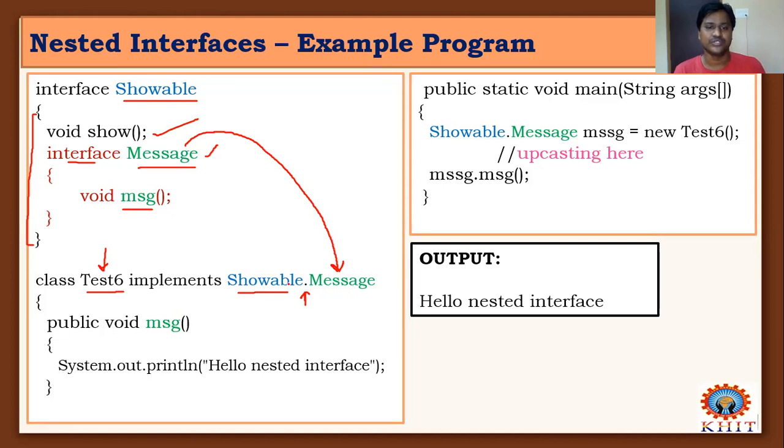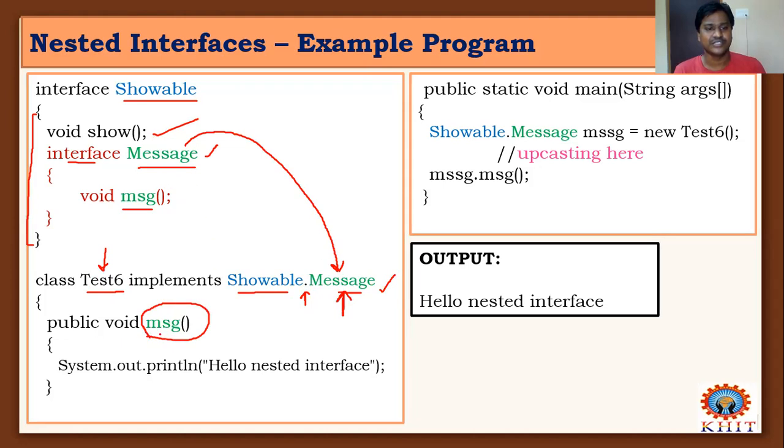So Showable.Message is the syntax to access this interface to be implemented by this Test6 class. So this class implements the properties of the Message interface, not Showable. That's why it simply implemented the method defined in the Message interface, not the show method, right?